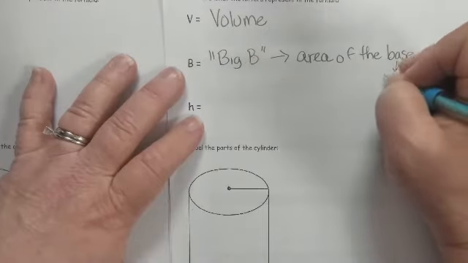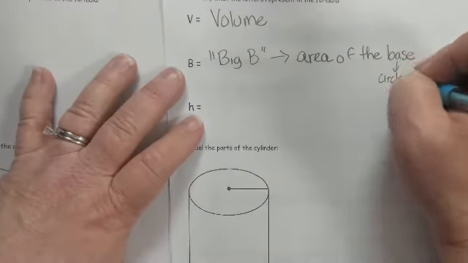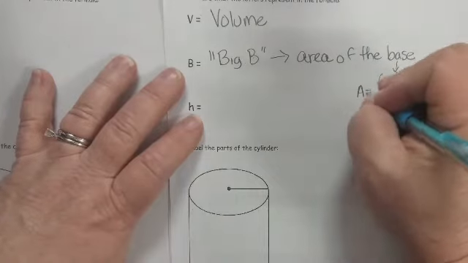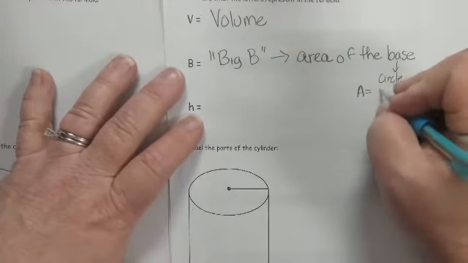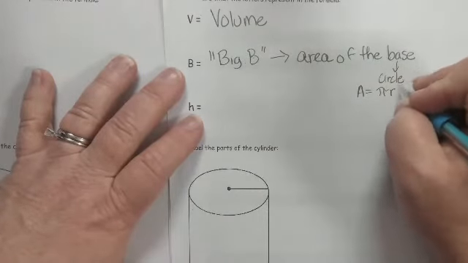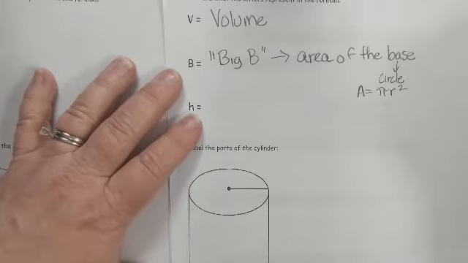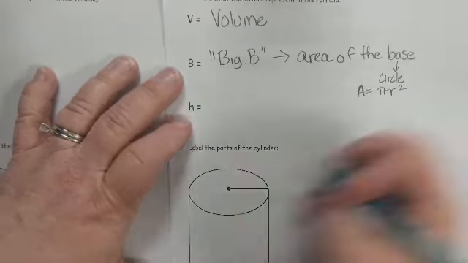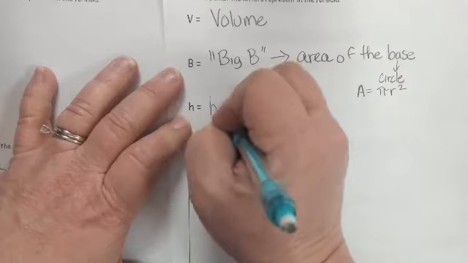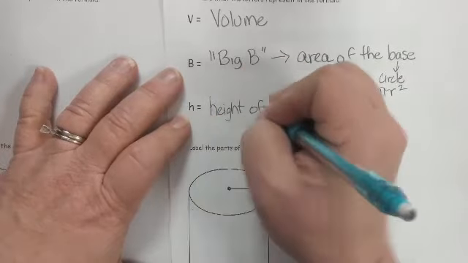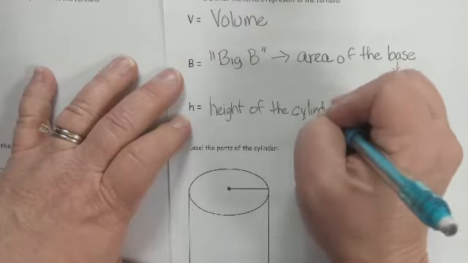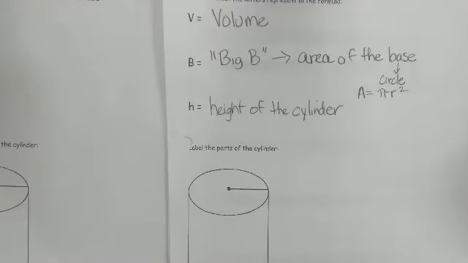The base is a circle, and we find the area of a circle by using pi times r squared. Okay? So, h is the height of the cylinder. Okay, so that's what V, big B, and H represent.